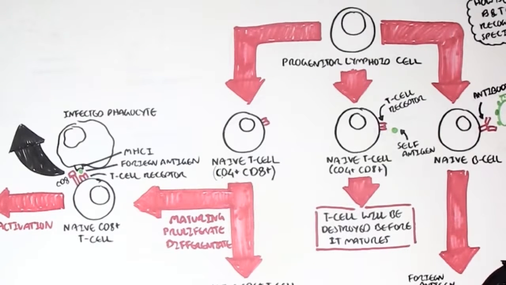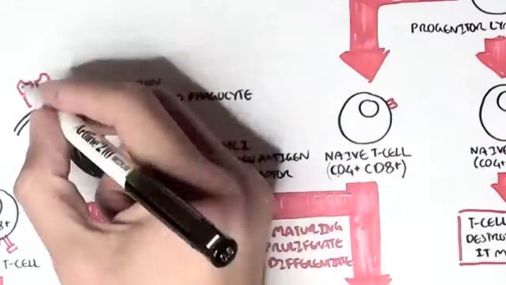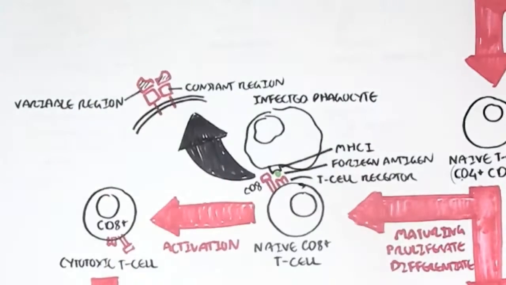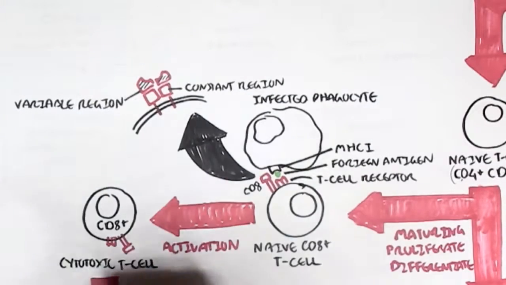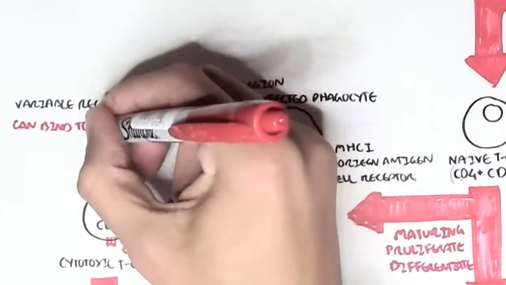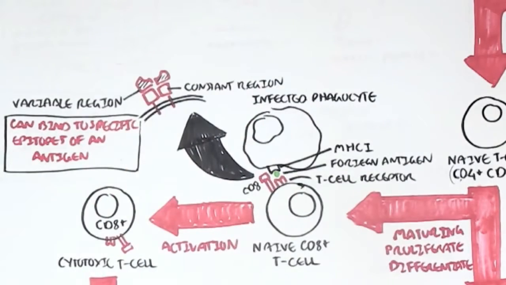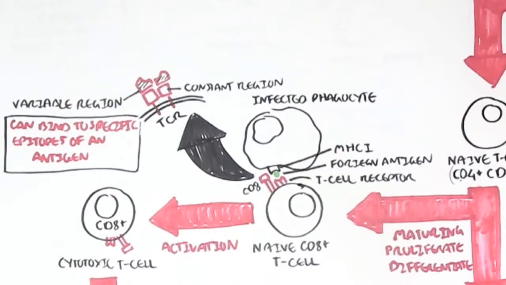The T cell receptor also has a variable region and a constant region, just like the antibody. The variable region is made up of different amino acid sequences that can bind to a specific type of antigen.